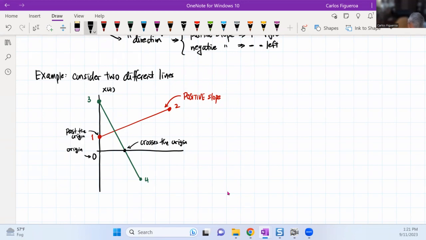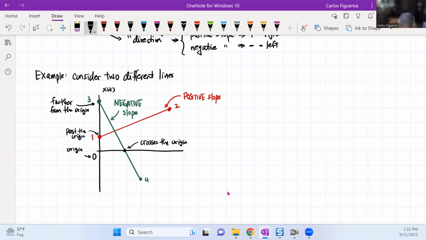And if I look at x3 here, you could see that this is farther from the origin. So it's telling us what these pictures are. And then right here, you can clearly see that this is a negative slope.